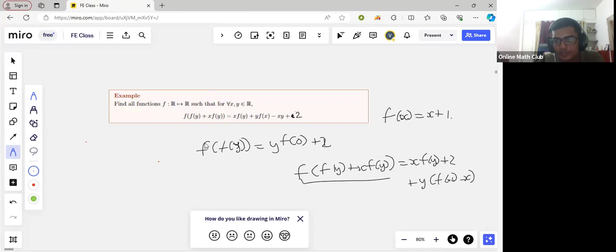This is only dependent on f of y. This as well is only dependent on f of y. Right? This is a constant, and this is just y. This is fine. Is this clear to everyone?